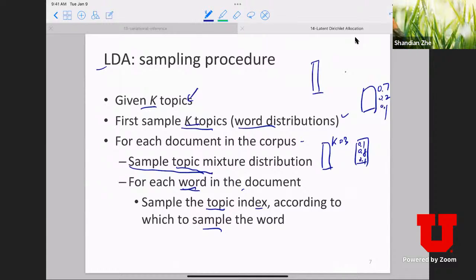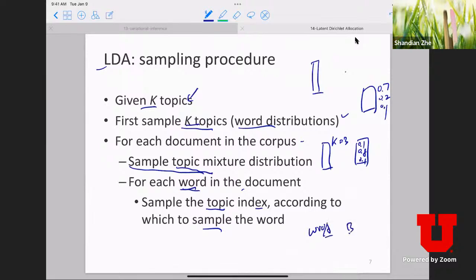So you can see it's a very highly simplified model. It actually doesn't account for the strong dependency of the words in your sentences or in the paragraphs. You just assume that under the word distributions for the topics and under the topic mixtures, you sample each word independently. You're ignoring that if word A appears first, how likely word B will appear.